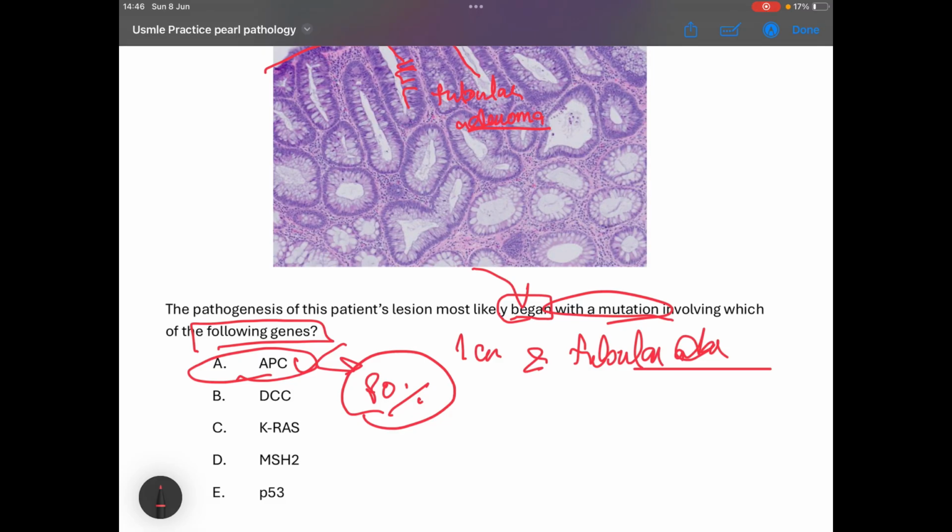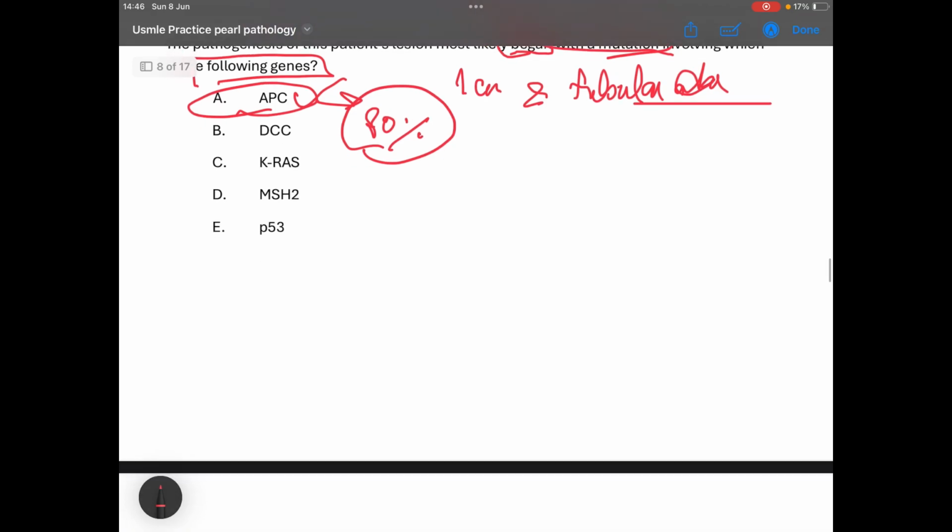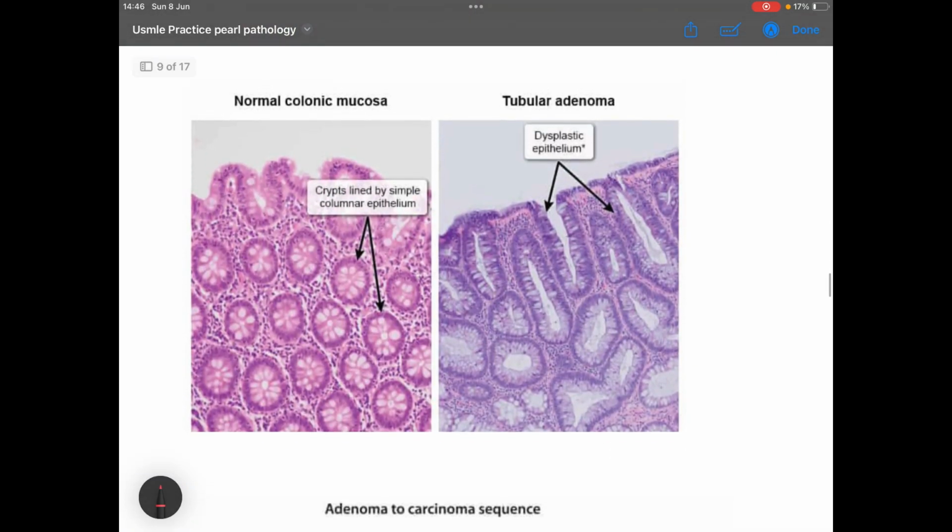Later, in the adenoma to carcinoma progression, the other genes are responsible, like KRAS, which are known as clonal accumulation.